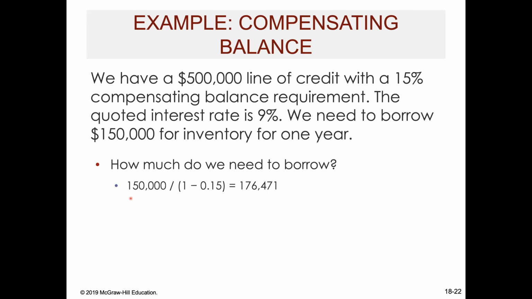So we need $150,000, but we have to keep a 15% balance in an account. So we have to borrow more than $150,000 so we can keep 15% in an account. So the way we can calculate this is we take $150,000 divided by 1 minus the 15%.